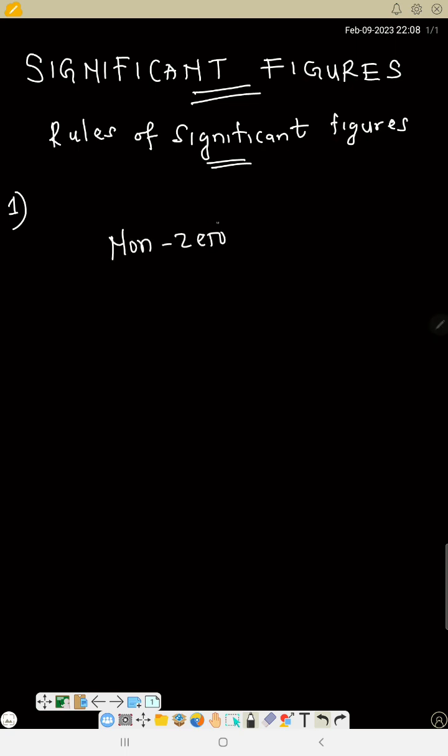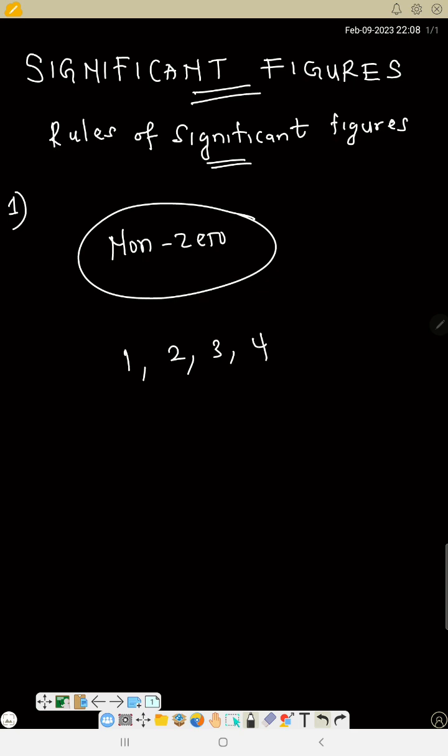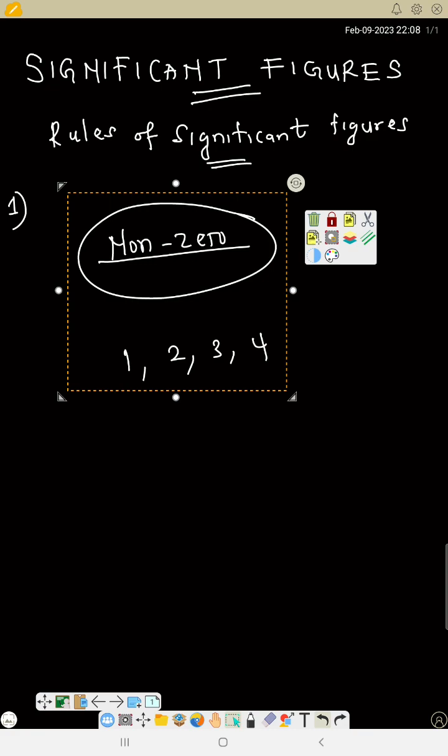Non-zero means numbers that are not zero. That is 1, 2, 3, 4, as in all counting numbers. That is numbers that are not zero. So rule number 1 says that all non-zero digits are significant.